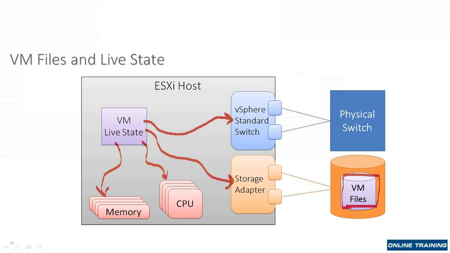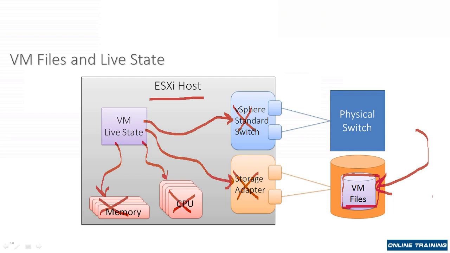When I shut down my VM, there's no more contents of memory. The virtual machine's not being scheduled on a processor. It's not generating any network or storage traffic. When I shut down my VM, it's still registered to a host. We still know which host it's going to run on next time we power it up. But basically, when a VM's powered off, all that really remains is the set of files that we're going to use to boot that virtual machine up next time.